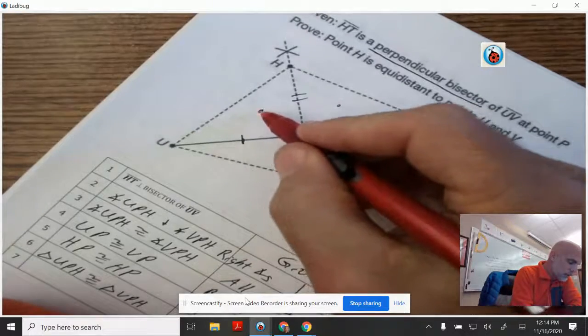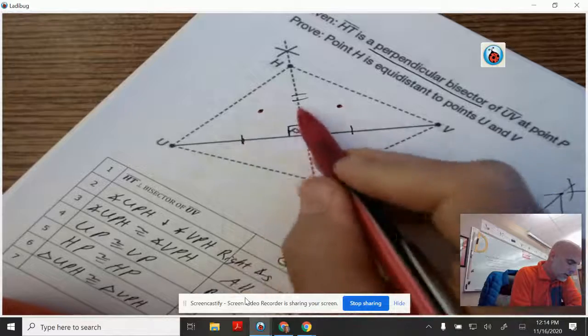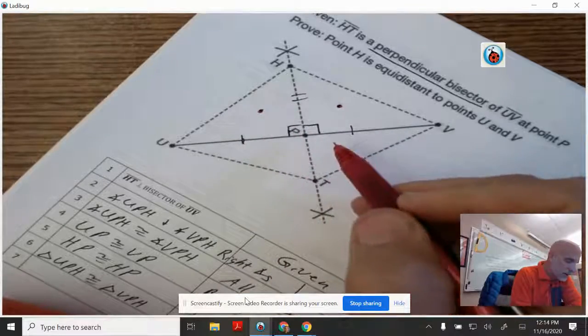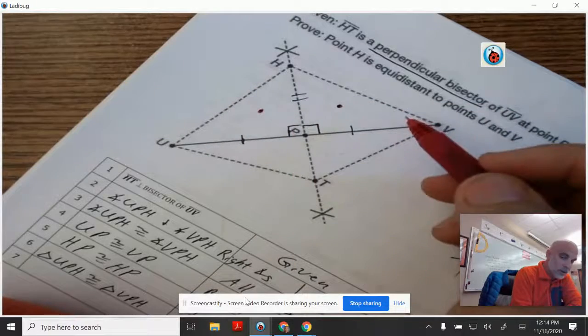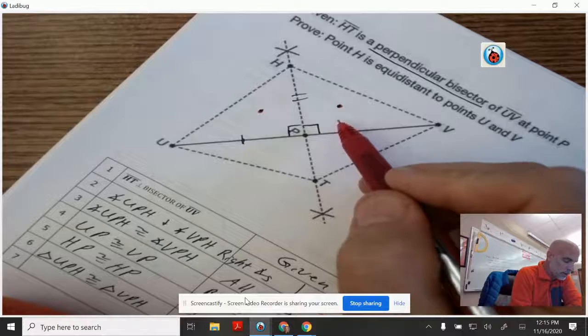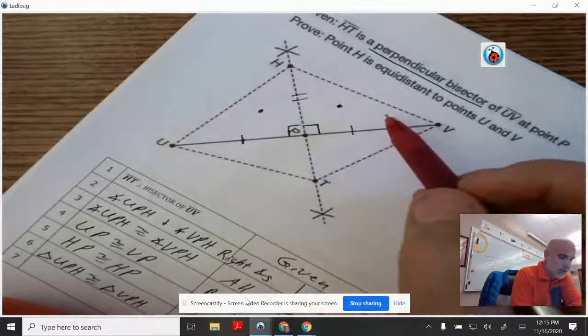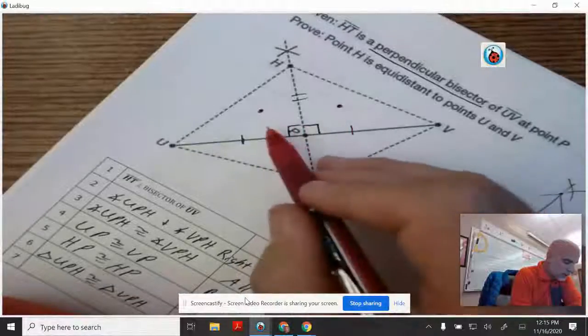If this triangle over here on the left is congruent to this one on the right, and I know I've got these congruent parts right here, side angle side, but by definition of congruence, aren't the other parts congruent? Yeah, that was the whole premise of this anyway, that if I've got some of the parts congruent, then I know the other parts have to be congruent as well. So as a result of having congruent triangles, I've got that established.